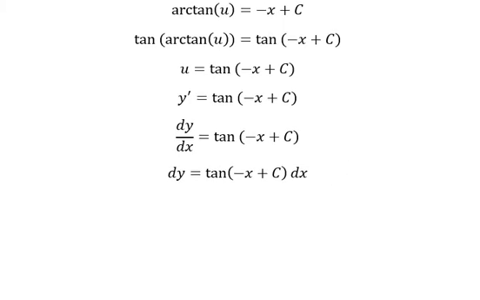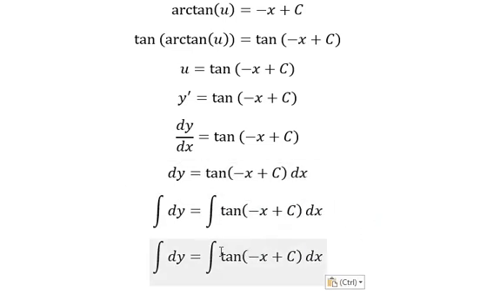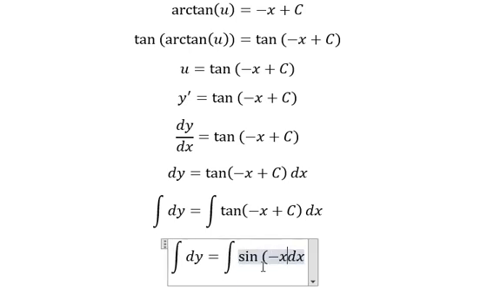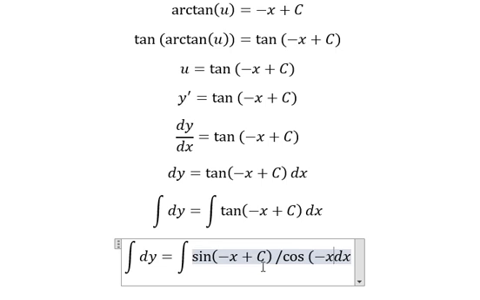Now we can put the integration for both sides. We know that tan we can change into sine of negative s plus c over cosine of negative s plus c.